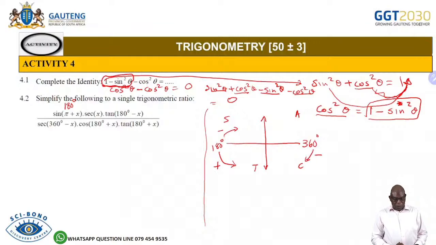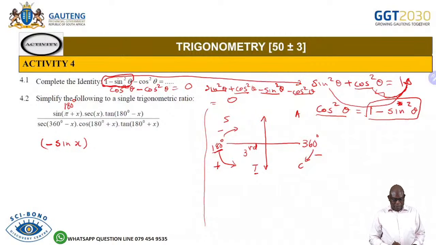First of all, I'm going to say sine 180 plus. So 180 plus falls in the 3rd quadrant. In the 3rd quadrant, I do not have S. I have a T. So which means I'm going to put a negative sine of x. Done with the first part. Let's go to the second one.